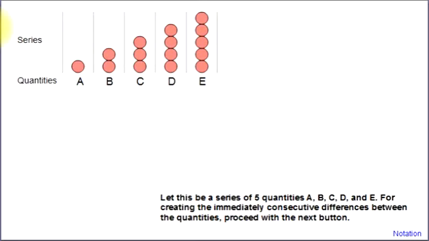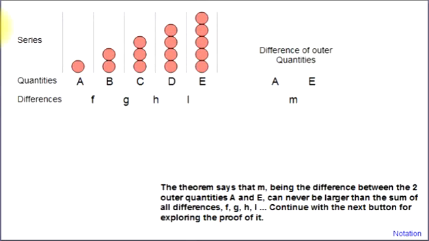So we create the difference series for this series. The differences between each of these elements are called F, G, H, and L. So F, for instance, is the difference between the element A and the element B. And it needs to be noted here that when we talk about differences, we talk about quantitative differences.